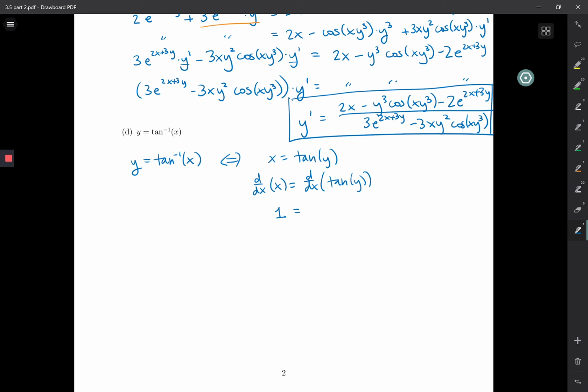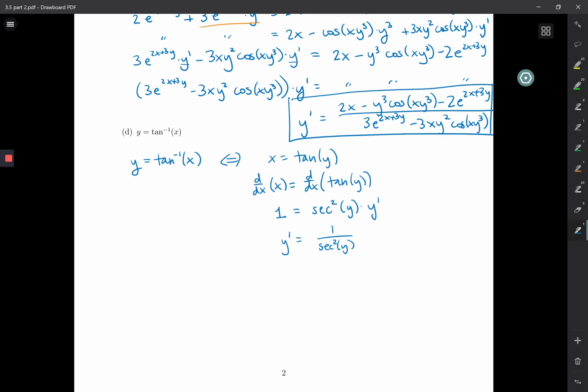The derivative of the outside function is the derivative of tangent, which is secant squared of y, and then we multiply by the derivative of the inside function, which is just y prime, right? Okay, so that means that we get y prime equals 1 over secant squared of y.